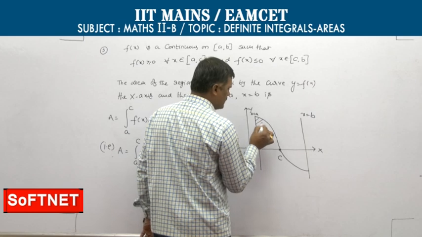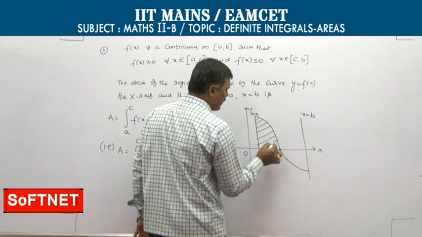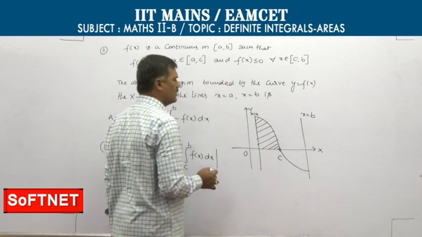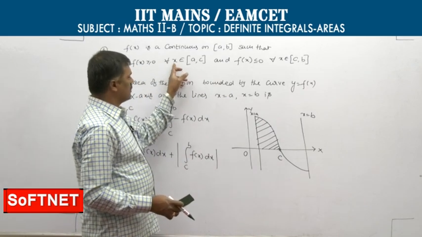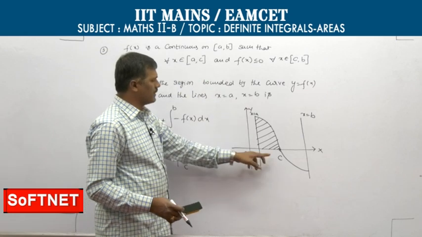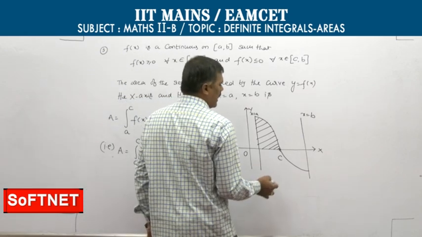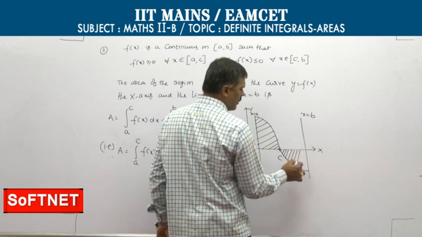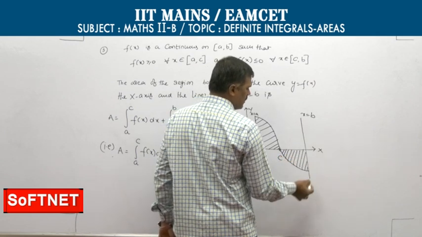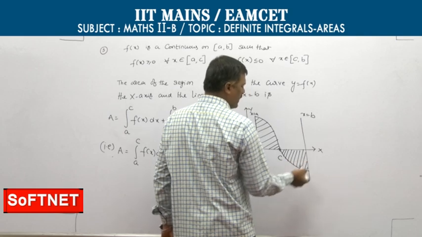So from this, integral a to c f of x is greater than or equal to 0, above the x-axis, for all x belongs to closed interval a to c, and f of x for this curve is less than or equal to 0 below the x-axis. So it is closed interval c to b.